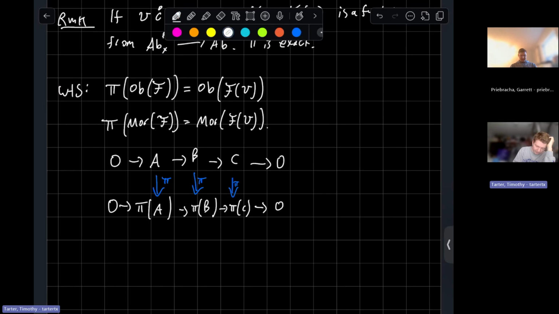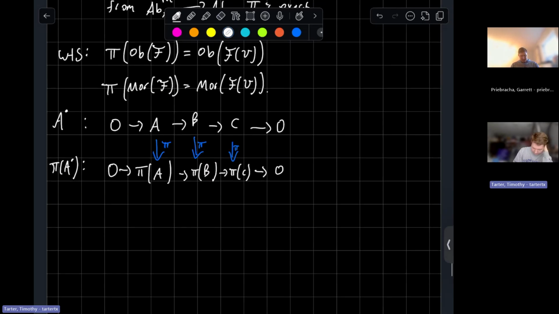So we want to show that if this is A dot, then π of A dot is exact.